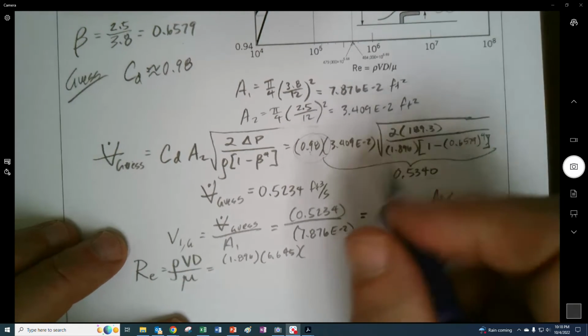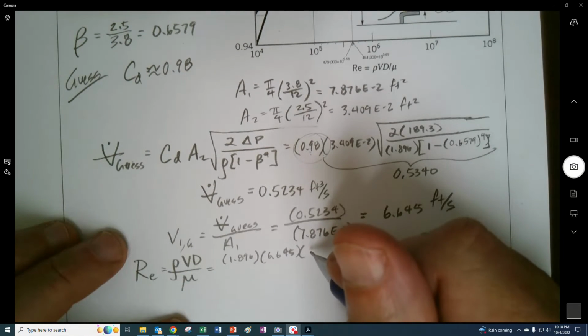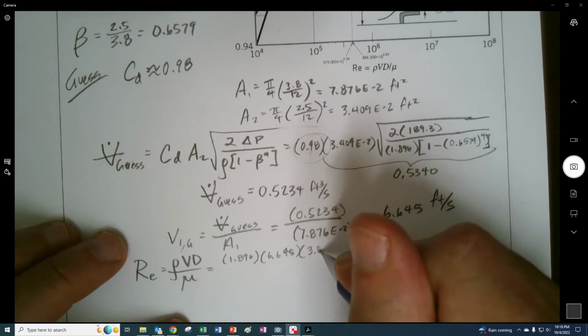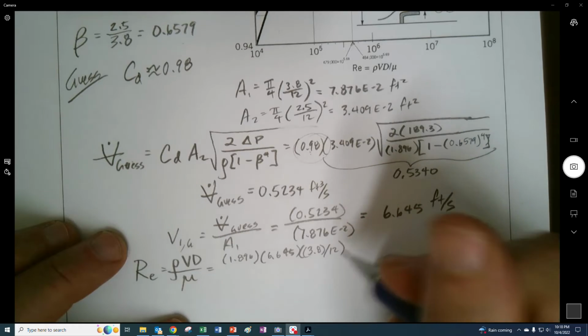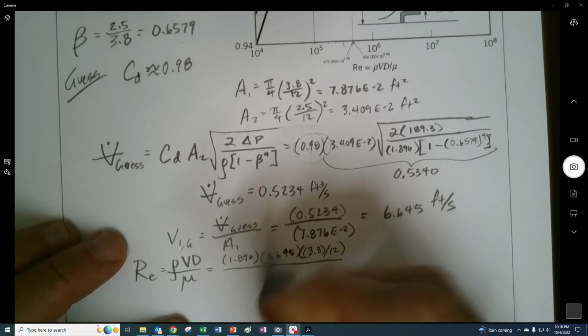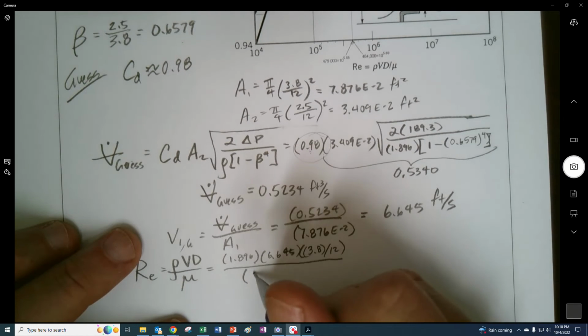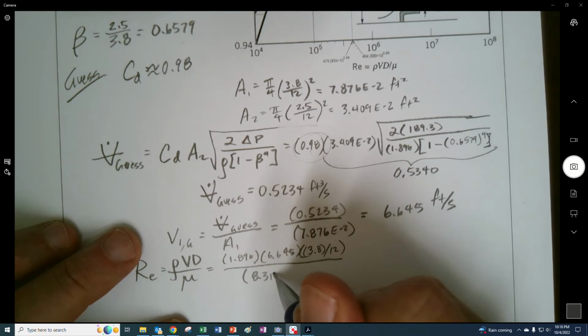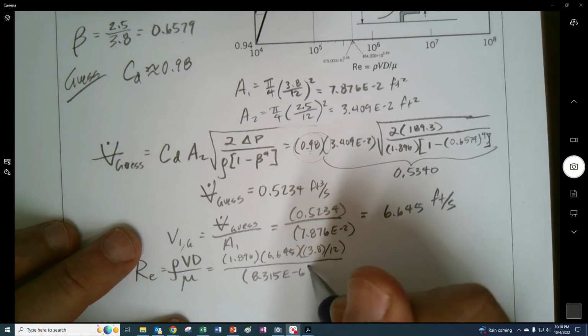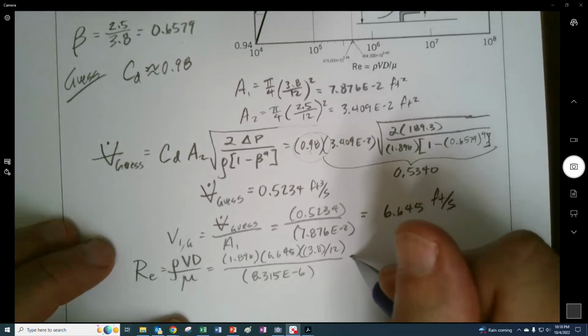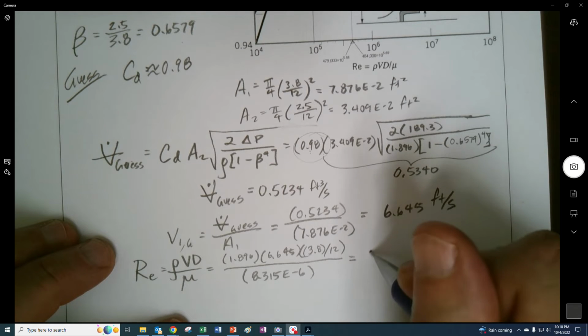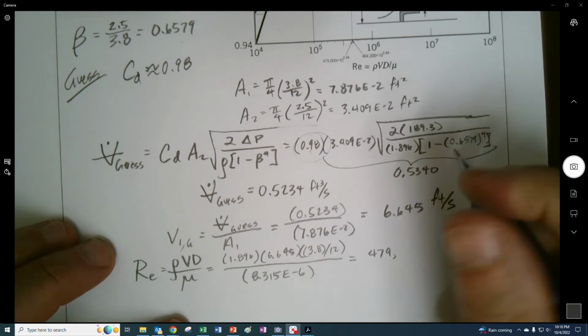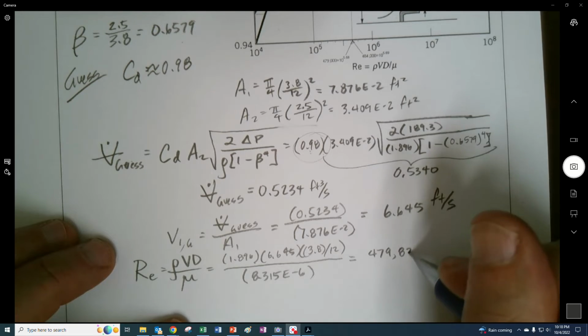The diameter is going to be the upstream, so it's going to be the larger pipe, but it's divided by 12, remember. And our viscosity is 8.315 E minus 6, and those are pounds seconds per square foot. And so we get 479,826.